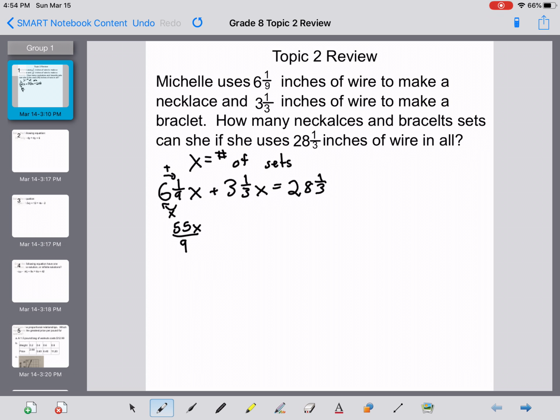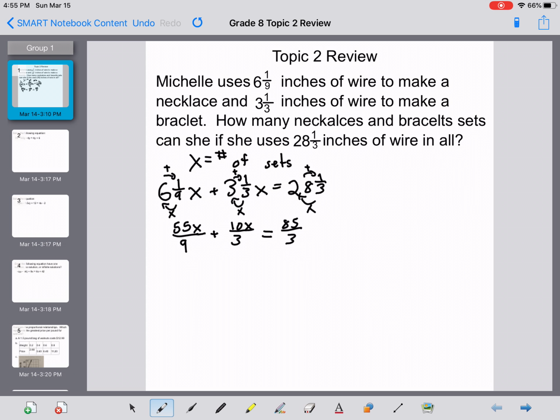And the x can go in my numerator. Plus 3 times 3 is 9, plus 1 is 10 over 3, and the x again can go in my numerator. 28 times 3 is 84, and then add 1, I have 85 over 3.